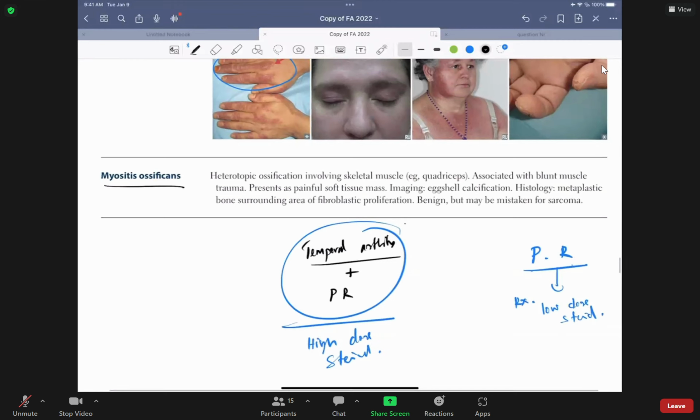Now, myositis ossificans. Where did I mention this word? That's your last question for the day. Tell me, where did I mention myositis ossificans? Okay.